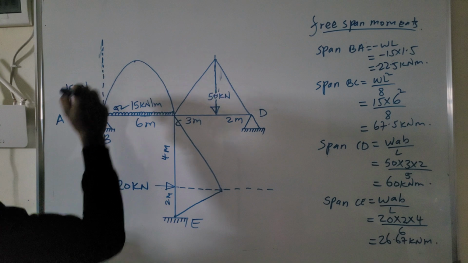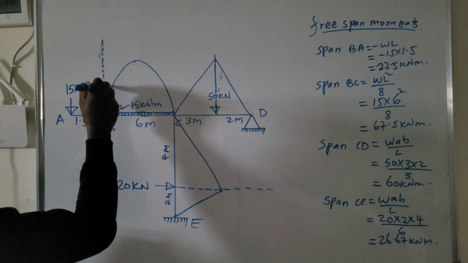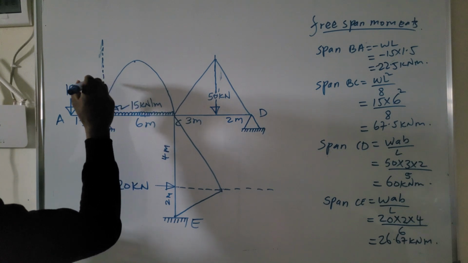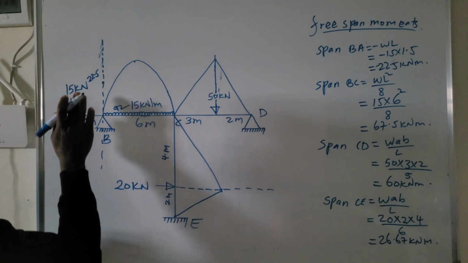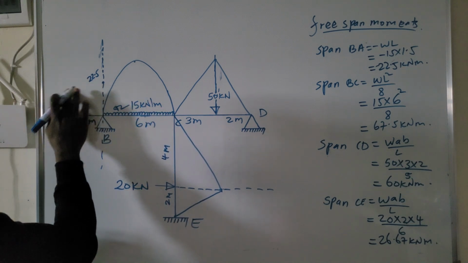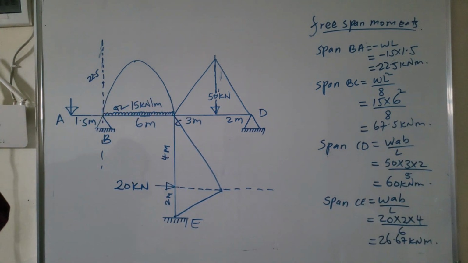Where you think 22.5 is, let's say is here. So 22.5. We proceed to CB, 52.5.